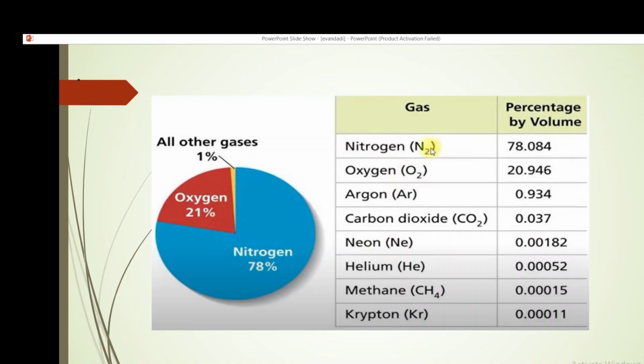Whereas the remaining gases, argon and carbon dioxide, which are named minor gases, compose 0.9 and 0.03% of the atmospheric gas respectively. The remaining neon, helium, methane, krypton, and like gases are mostly referred to as rare gases or trace gases.